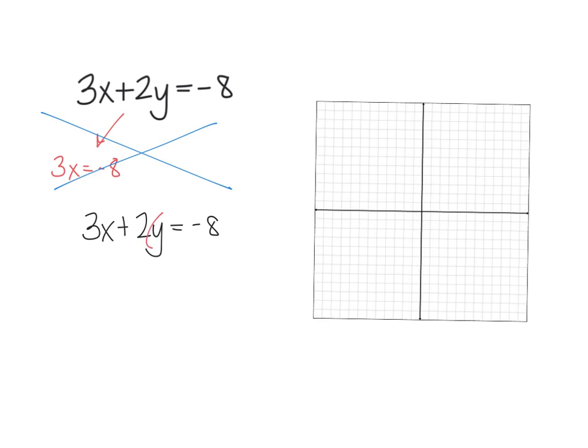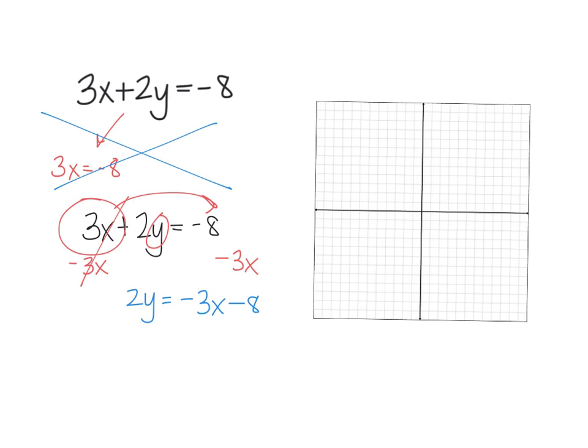I need to get y by itself so I can find the slope. The first thing I need to do is move this to the other side. So minus 3x. Remember, I have to use the opposite so that I can move it. Then I've got 2y equals negative 3x minus 8.